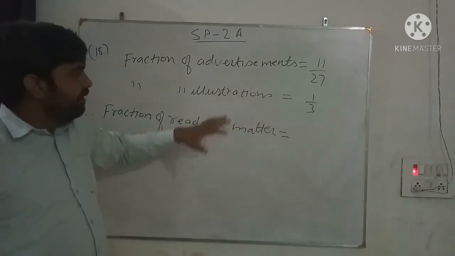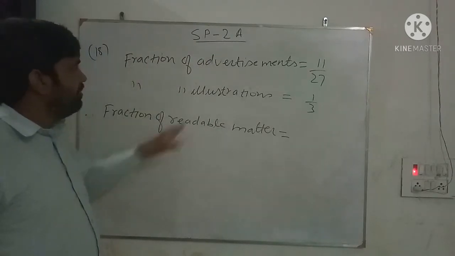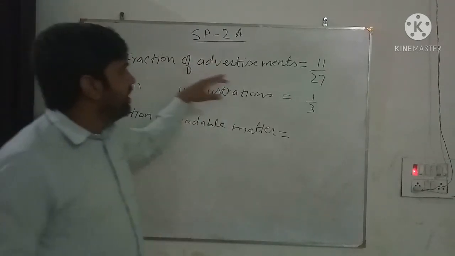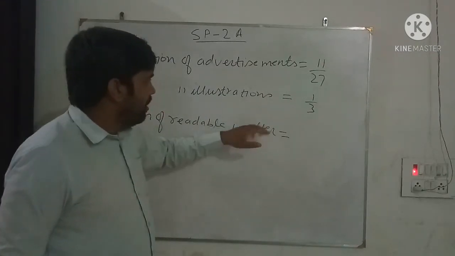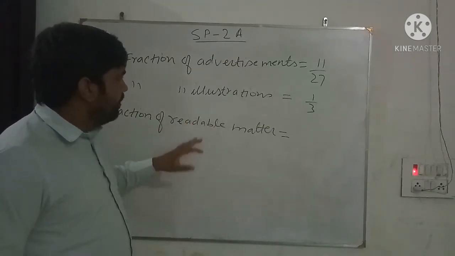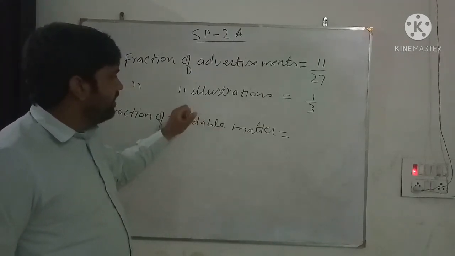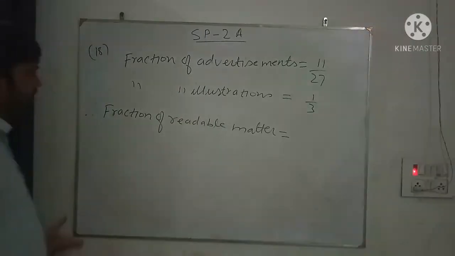Out of the 27 parts of the whole page, suppose this whiteboard is a page, I have made it equal to 27 parts, and out of that 11 parts I have written the advertisement, and in one part out of 3, suppose the whole I made 3 equal parts of this board, and now out of this one part I have written the illustration. Some image is there, some pictures are there.